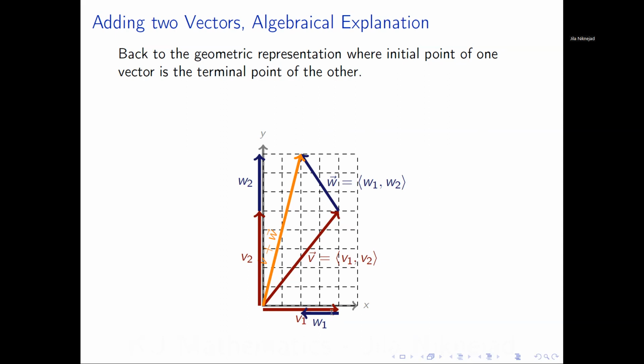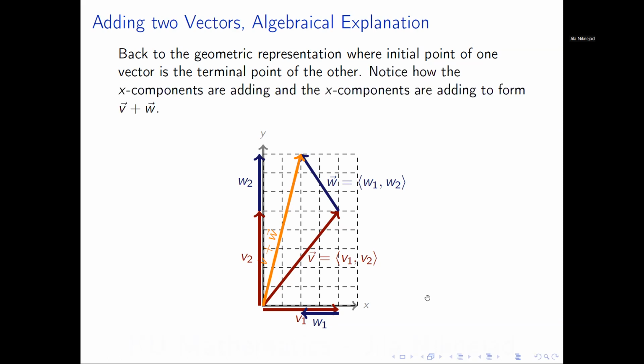So you're basically going this much that way, then coming back this much. So you're adding the two x components, and here you're adding the two y components, and here's the x component of the sum, and here's the y component of the sum.